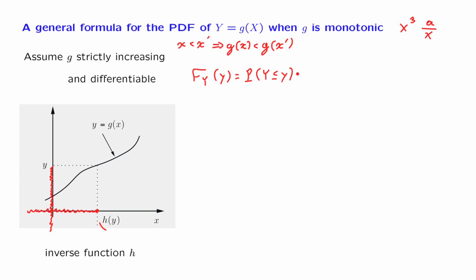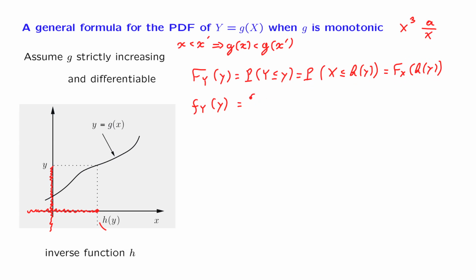So we can rewrite the event of interest in terms of the random variable x and write it as follows. We need to have x less than or equal to h of little y. But this is just the CDF of x evaluated at h of y. We now carry out the second step of our program. We take derivatives of both sides and we find that the PDF of y is equal to the derivative of the right-hand side.